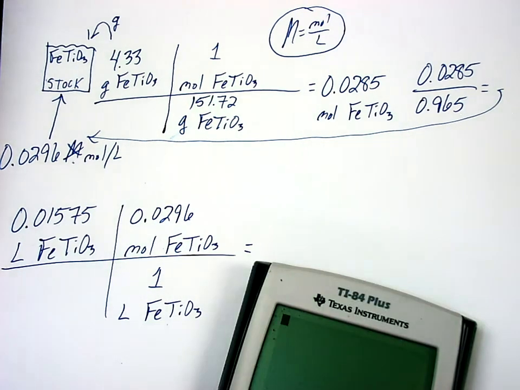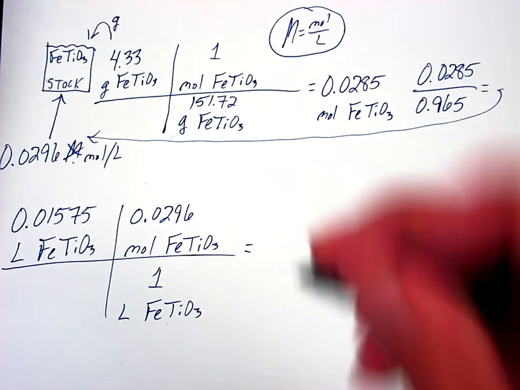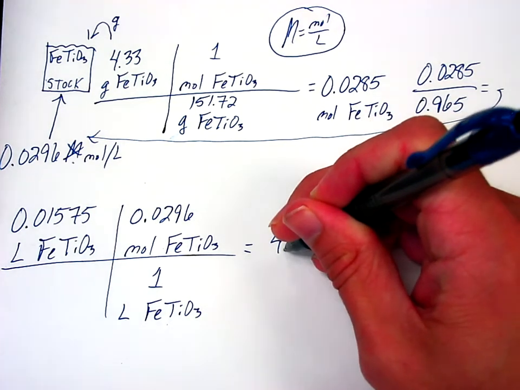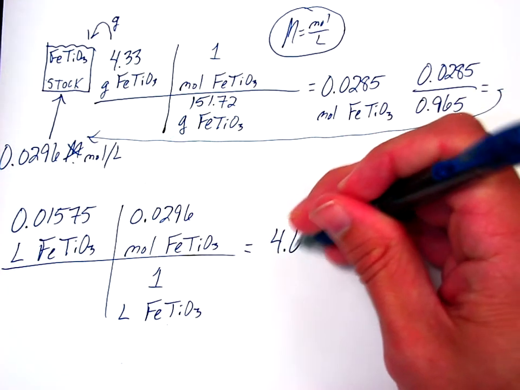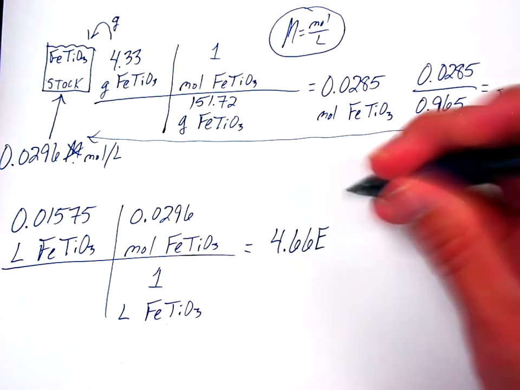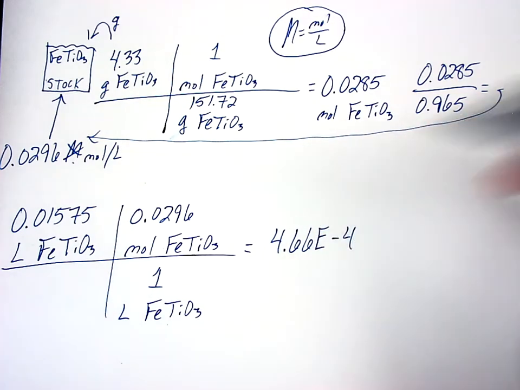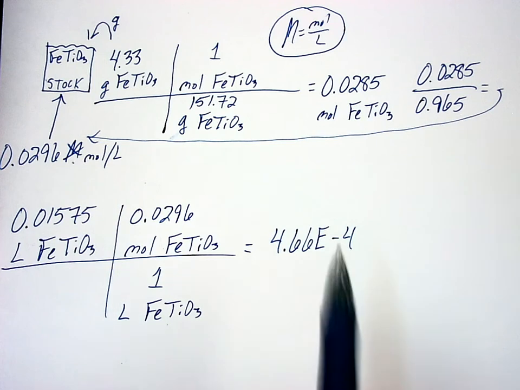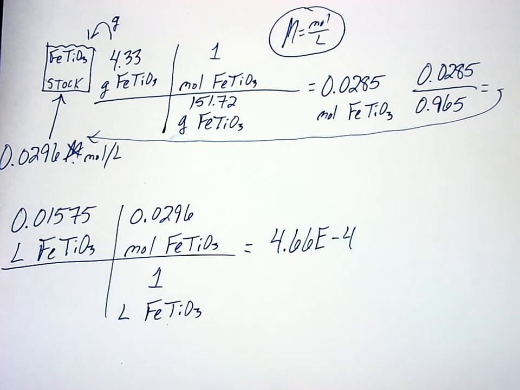If we run this, 0.01575 times 0.0296, I get 4.66 E negative 4, or your calculator might have said 0.000466, whatever. This is a much nicer way to write it, though.